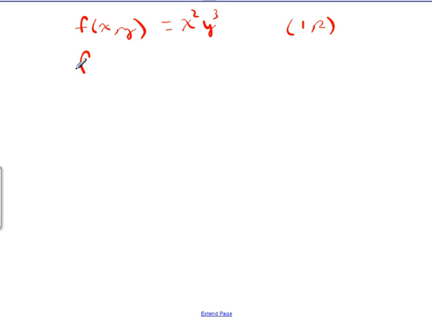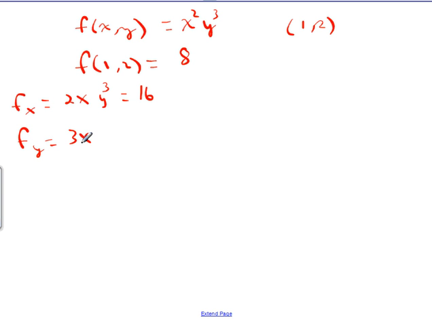So we know that f of 1, 2 equals 8, and f partial x is the following, and that equals 16. And f partial y is as follows, and that equals 12.